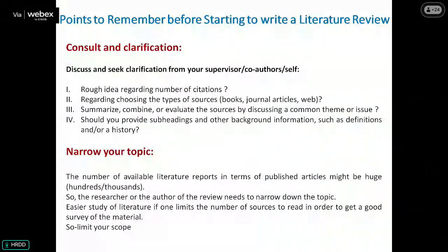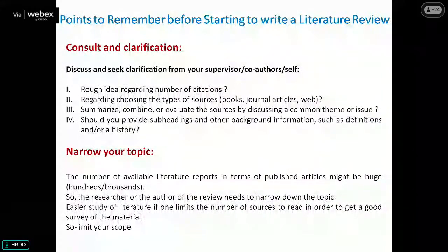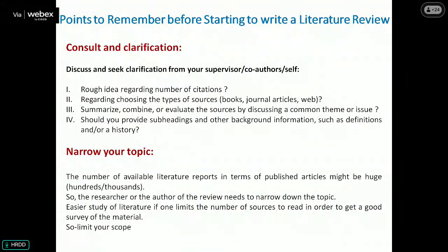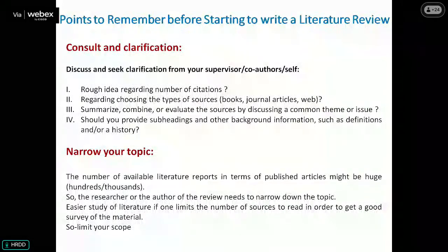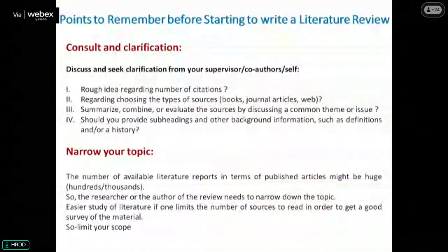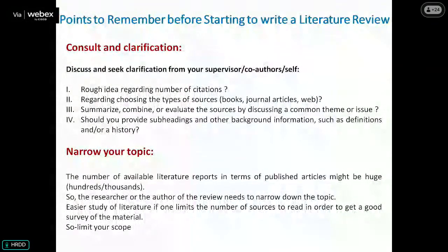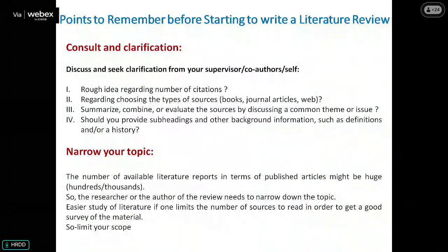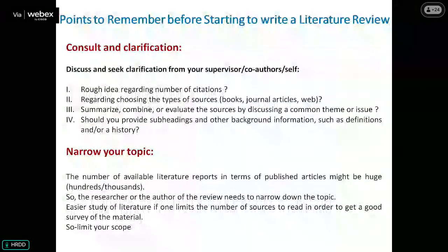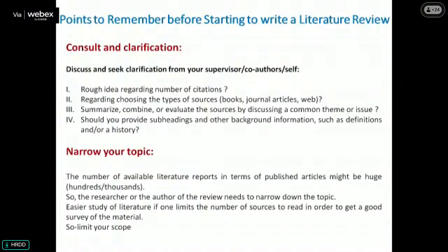But suppose you have even 100 or 400, whatever it is, a mini review or a very extensive review, what are the other things you should go beyond the number? You have to decide initially, I will do only 100. Then the task becomes easy. If you don't decide and keep on increasing, it will never end. It has happened with me.